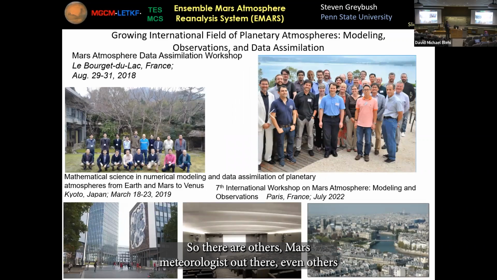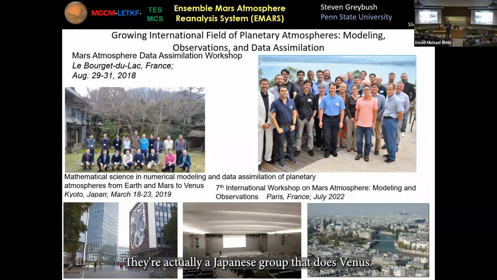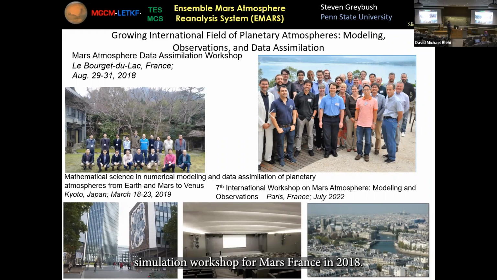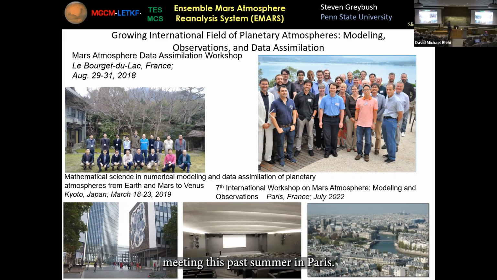There are other Mars meteorologists out there, even others looking specifically at prediction and data assimilation. Here's an example from a workshop in Japan where they look at Mars as well as Venus. They're a Japanese group that does Venus modeling and data assimilation. Here's the first data assimilation workshop for Mars, in France in 2018. And most recently we had the Mars community meeting this past summer in Paris.